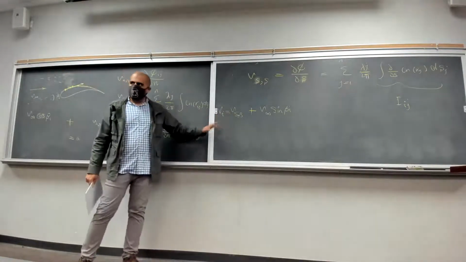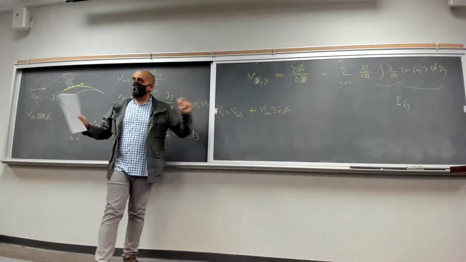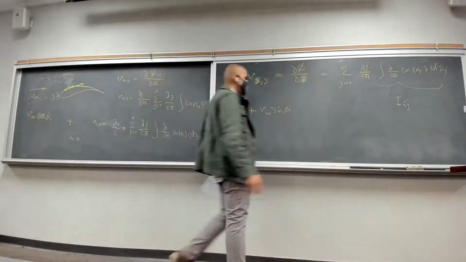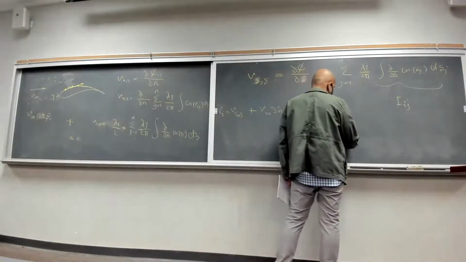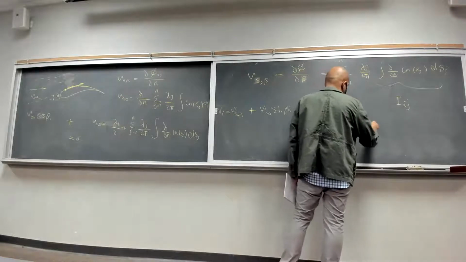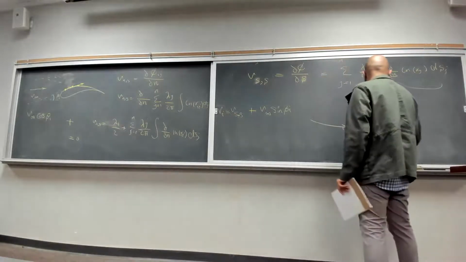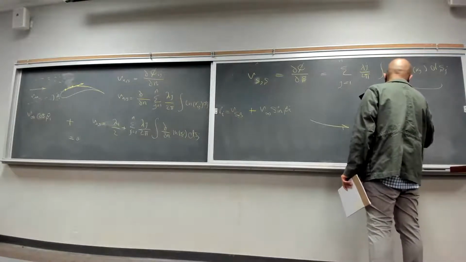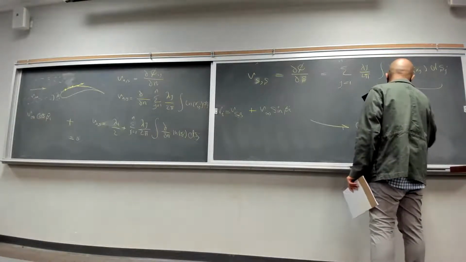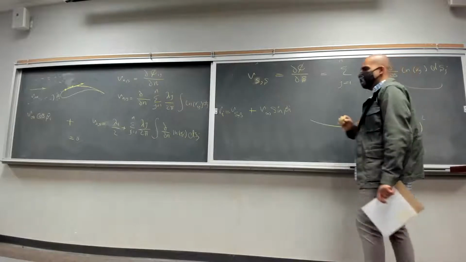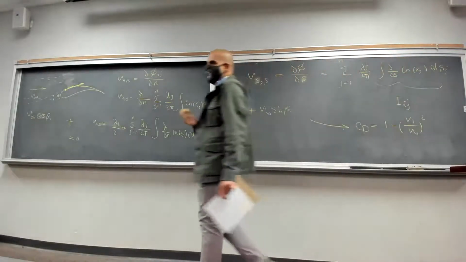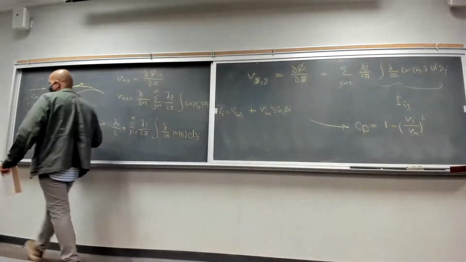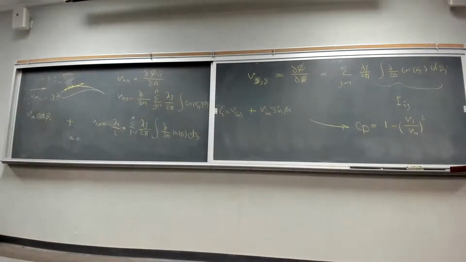And you do the analysis for all the panels, you have the velocity for all panels. What is the next step? Next step is to find the pressure distribution on each panel, 1 minus Vi divided by V infinity squared. See, a very simple methodology. Very simple.